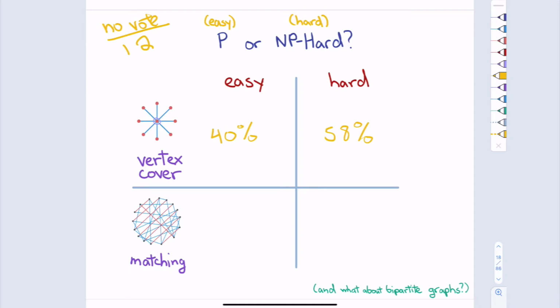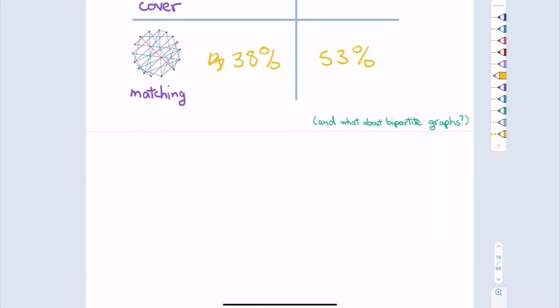Roughly a similar number, but maybe that's actually less. And then who thinks it'll turn out to be NP hard? This doesn't quite add up, but that's fine. So, fairly mixed opinions on these problems. Pretty close to balanced.